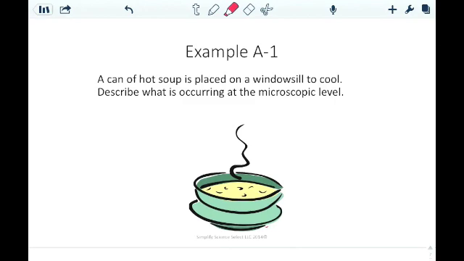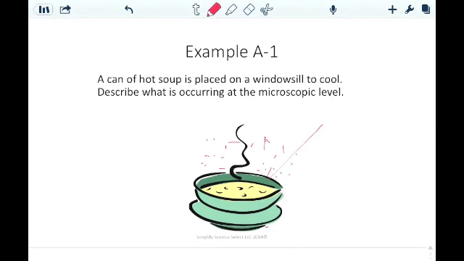So when we think about the molecules, the very small pieces, what is happening to the energy? Well, the soup is really hot, so it's moving really fast. And since it's moving really fast, you have these air particles all around that are moving as well.